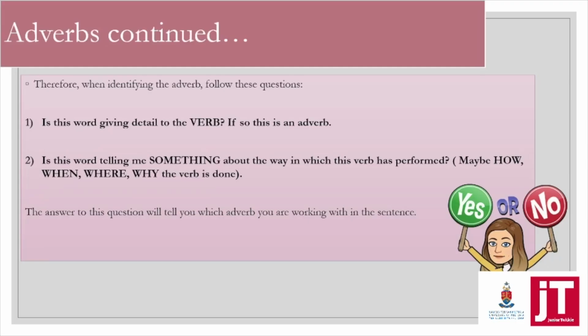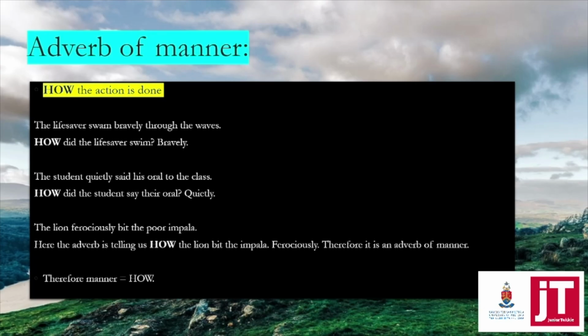Adverb of manner: how the action is done. The lifesaver swam bravely through the waves. How did the lifesaver swim? Bravely. It's quite tempting to say that the lifesaver is brave, and to say that bravely is an adjective.